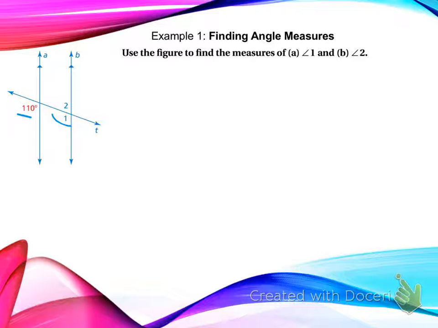Remember when we talked about corresponding? That just means that they match up and that they're the same. So our angle 1 is going to be 110 degrees because it's corresponding to the angle that we know.